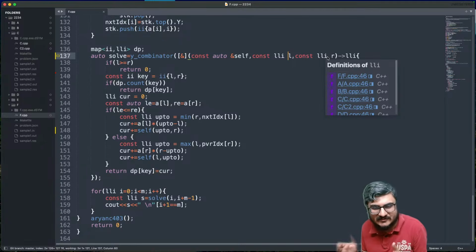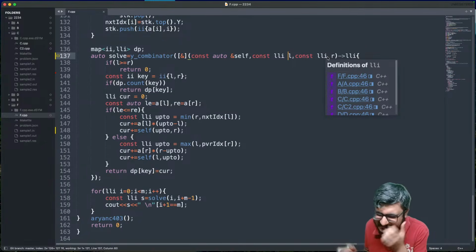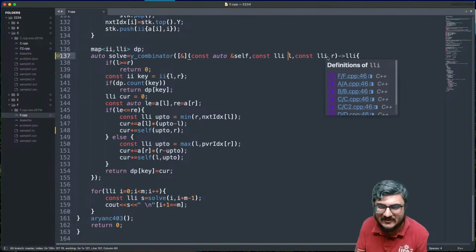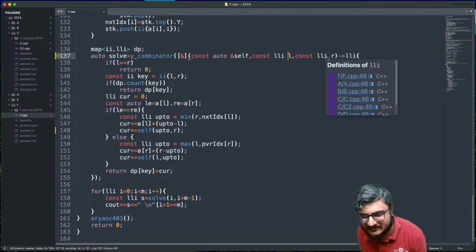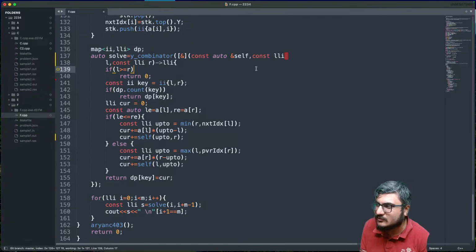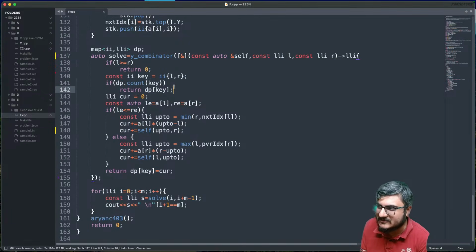Total upper bound possibly 4n or something like that. This is a hand wavy proof, but this is where we are. And since we have used a DP map, log n can come from the map. So the time complexity here is order n if you don't count the log n due to this DP check.